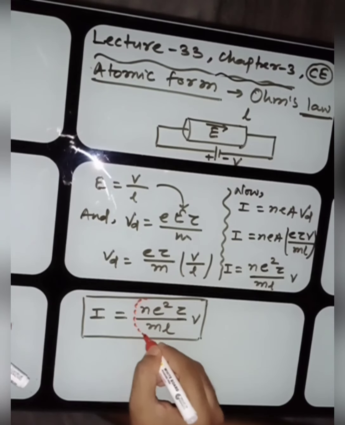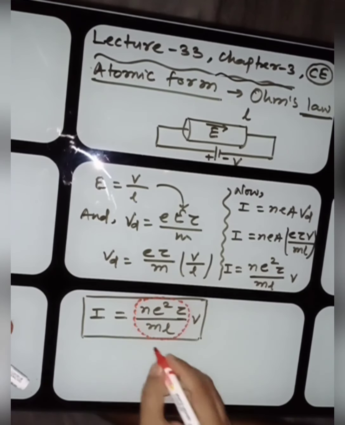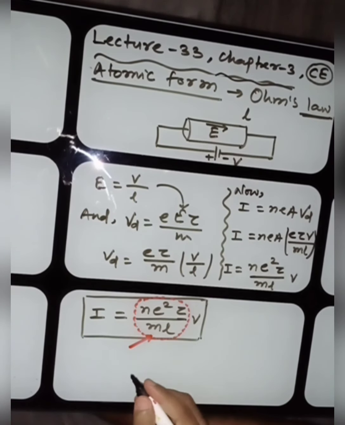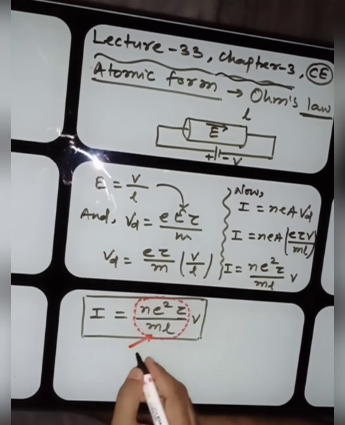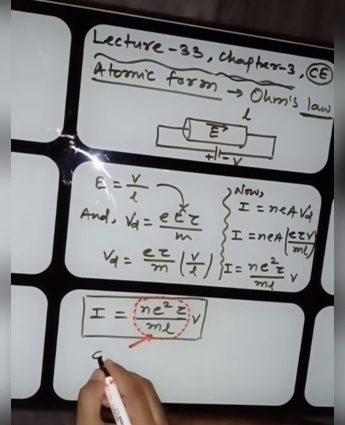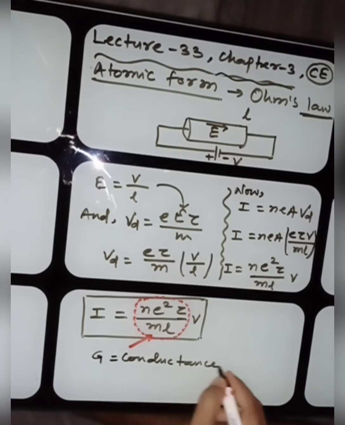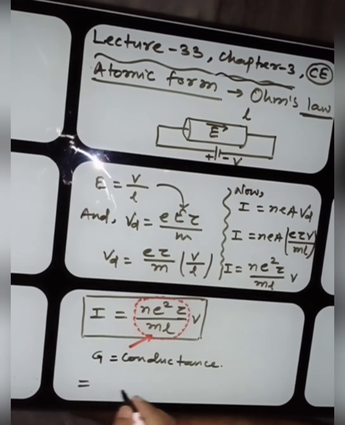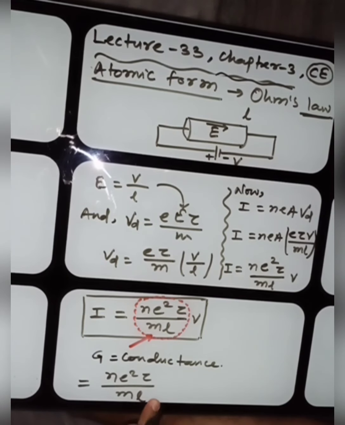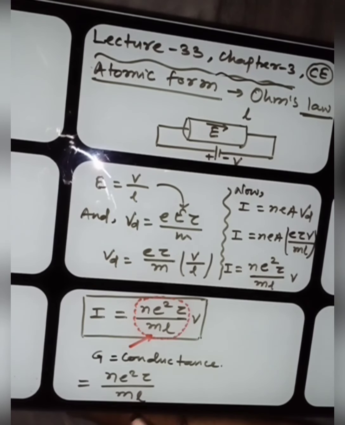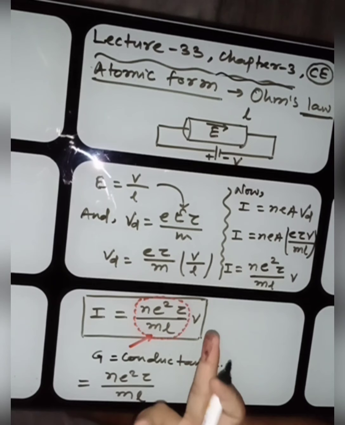This particular quantity, that you will study later on in your higher classes, is called conductance, and it is represented by G. This conductance is equal to ne²τ/mL. Conductance is reciprocal to the resistance, and conductivity will be reciprocal to the resistivity.